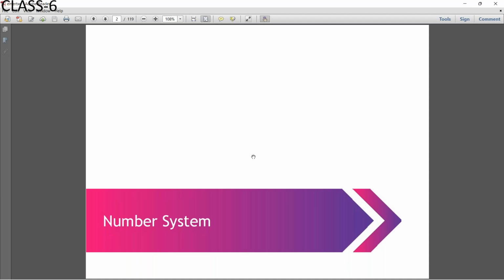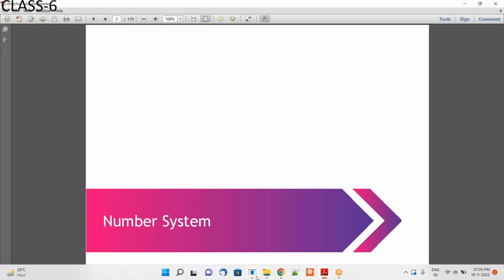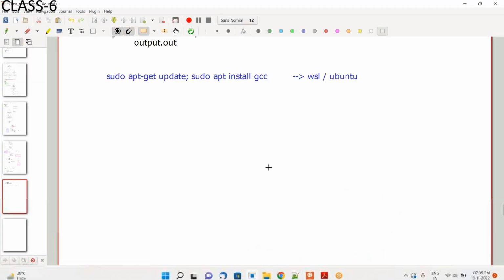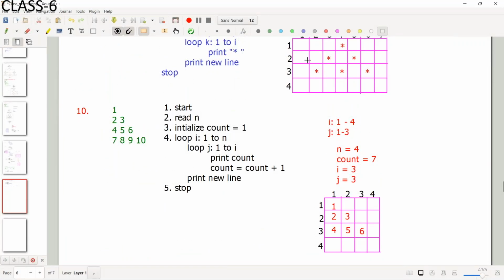Usually I won't give the solution for the classwork. That is for practice purposes. If you cannot find the right answer, then as I told in yesterday's class, try with your logic. I showed in the class how to recreate the pattern, and you can try it in the same way.